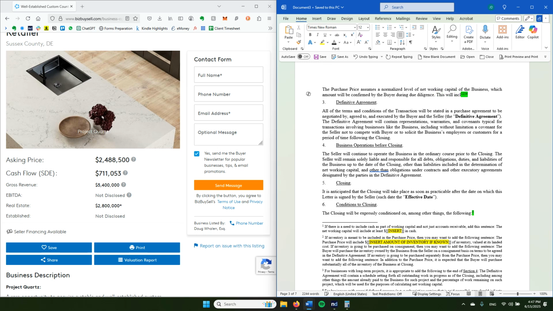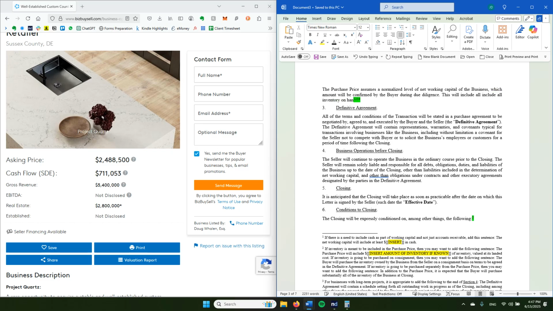This will include all inventory on hand, which seller estimates to be about $135,000, valued at landed cost.